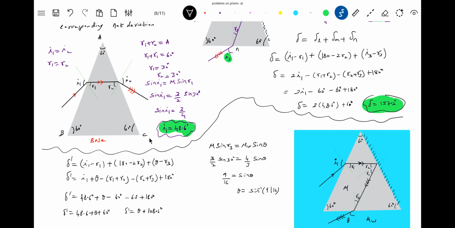Okay, getting theta, substituting, so we'll get the deviation. I have sine inverse of 9, so net deviation will be... please check this.